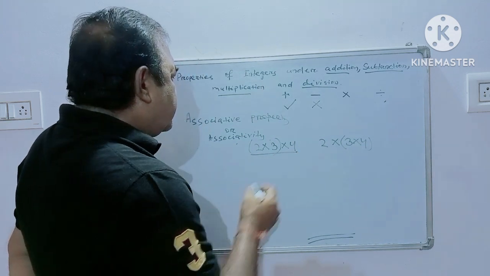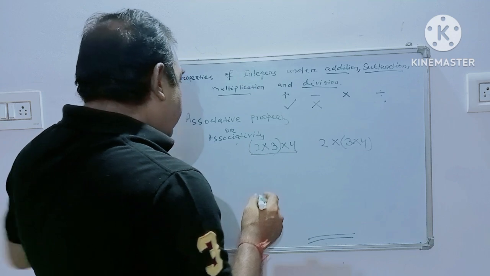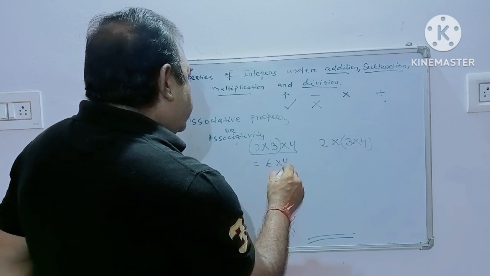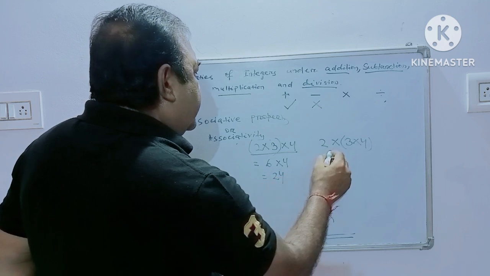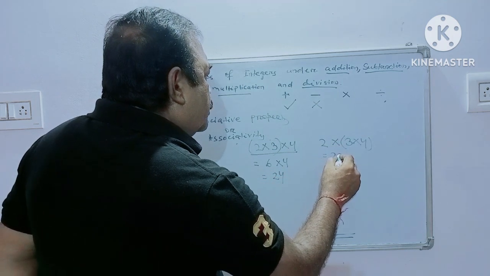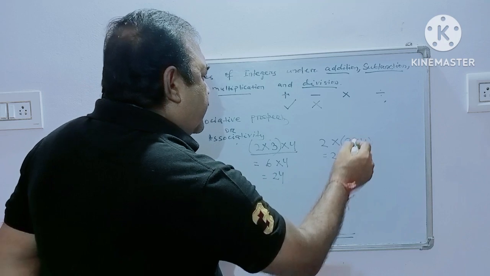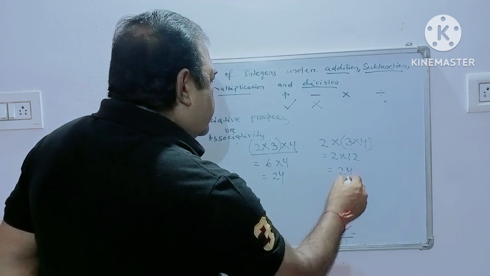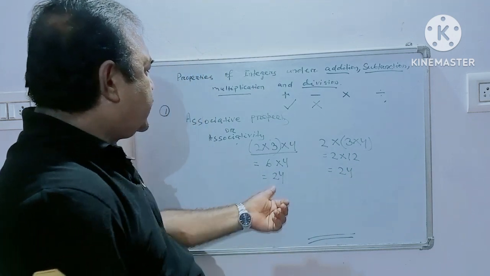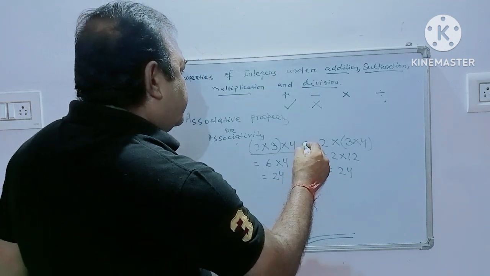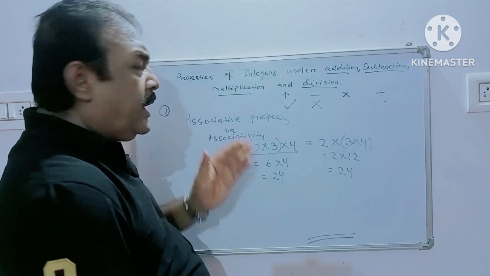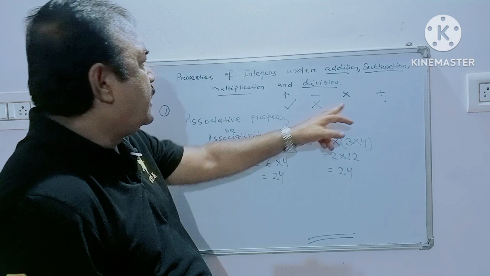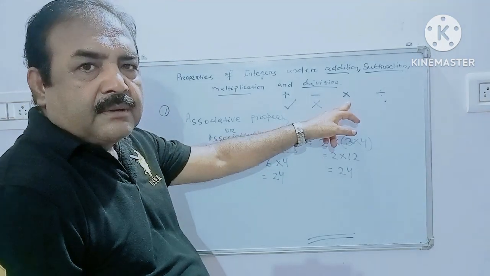We will have to simplify. That is equal to 2 into 3, that is 6 into 4, that is equal to 24. Here it is 2 into (3 multiplied by 4), that is equal to 12. So 2 into 12, that is equal to 24. Same value. So it is true. So what we knew? All the integers show associative property under multiplication.